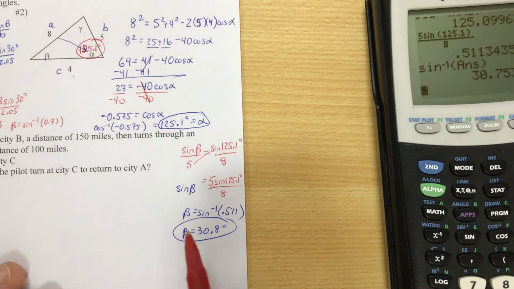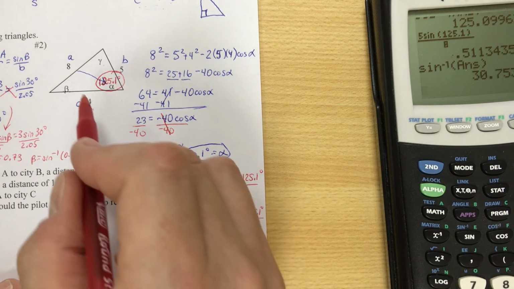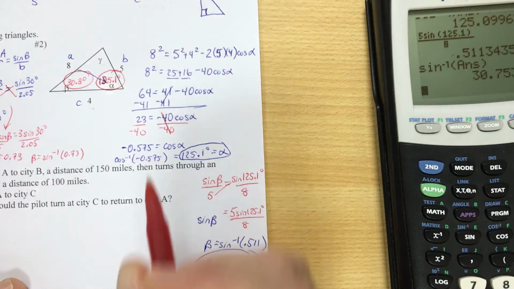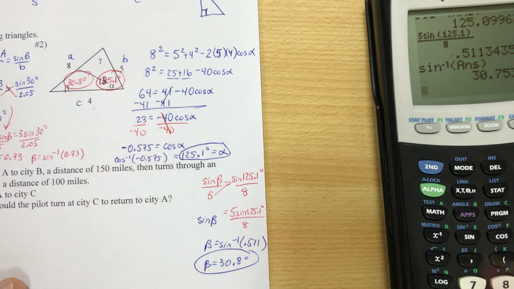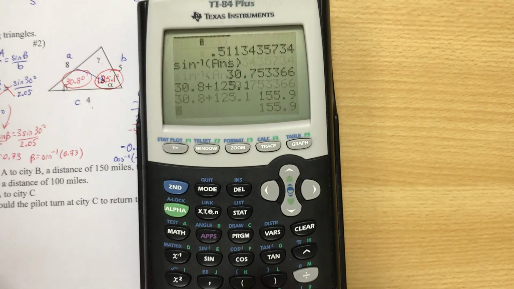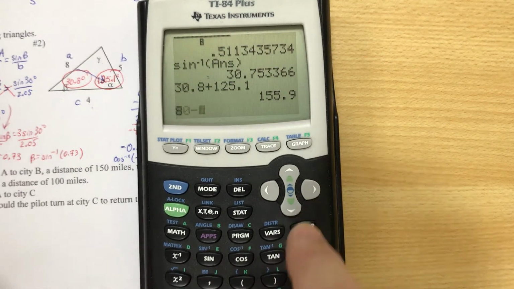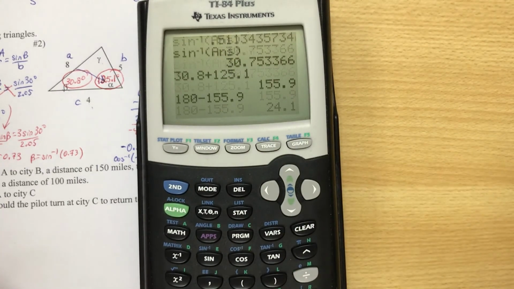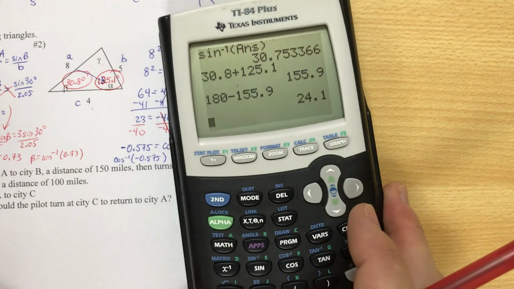Now in the picture, so now we know beta is 30.8 degrees. The last thing we need is angle gamma. Well, let's take 30.8 plus 125.1, and we'll subtract that from 180. So minus 155.9, and we get 24.1 degrees.